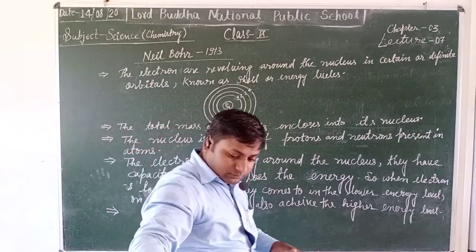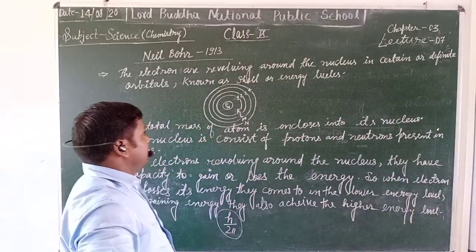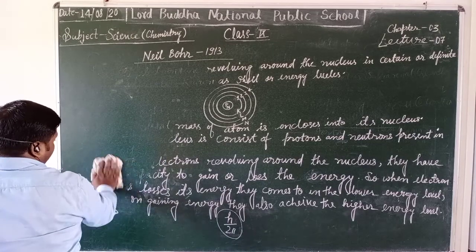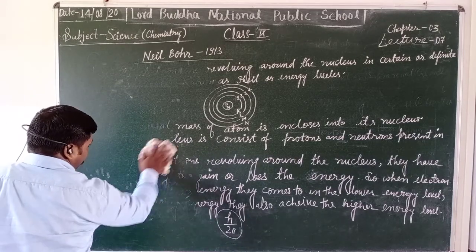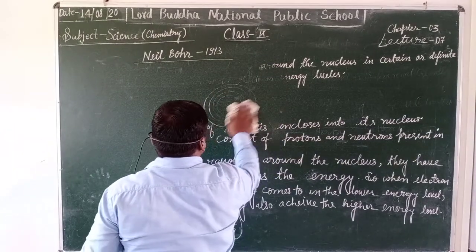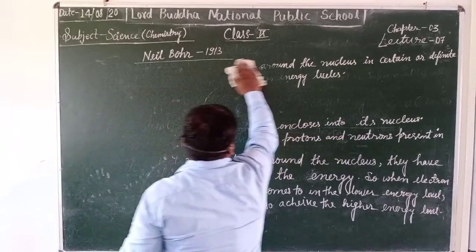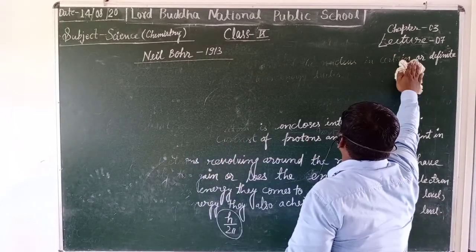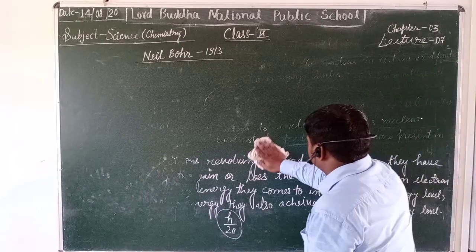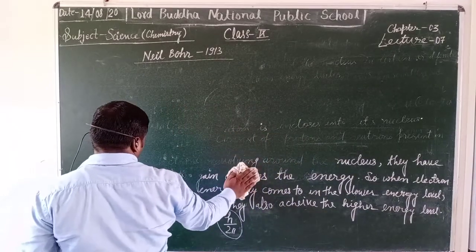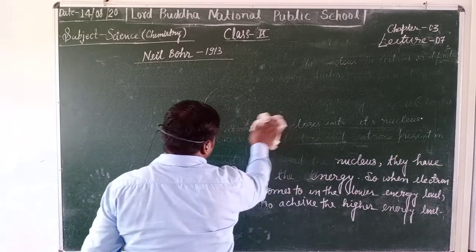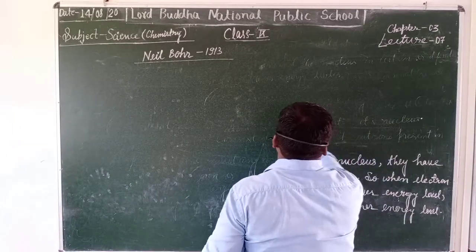Now students, after this concept, Bohr and Bury in 1921 gave a schematic concept of how many electrons can be present or filled in a definite orbital or shell.